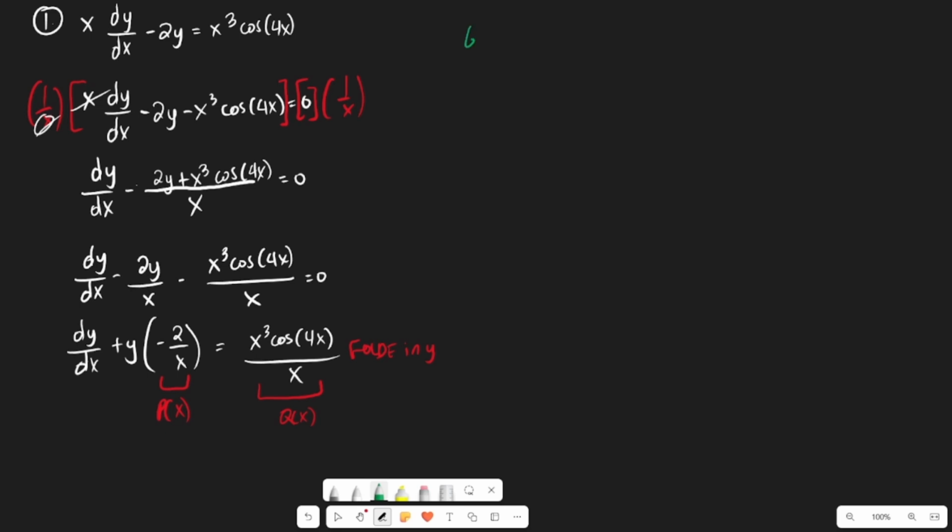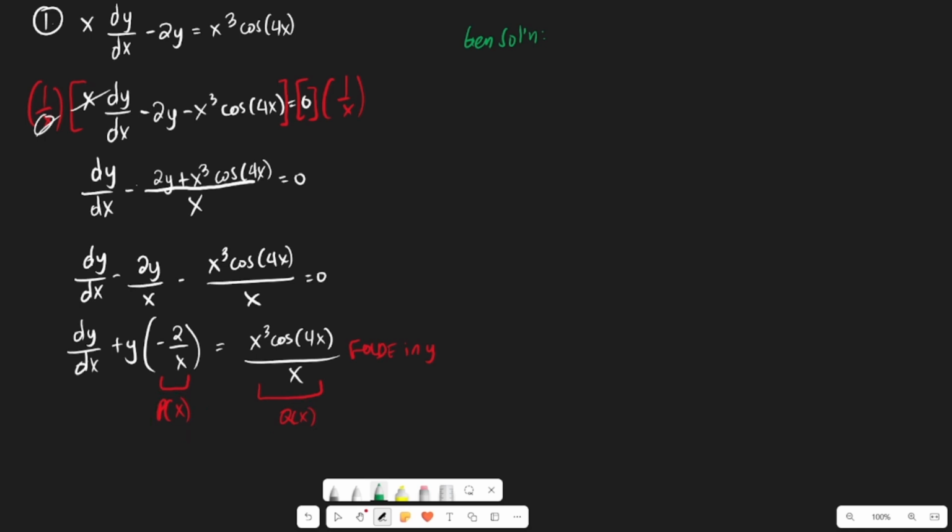Let's start the general solution. The formula for this one is that we have functions of x. This is how we're going to write the formula without having to memorize it. You start your formula with a function of x.